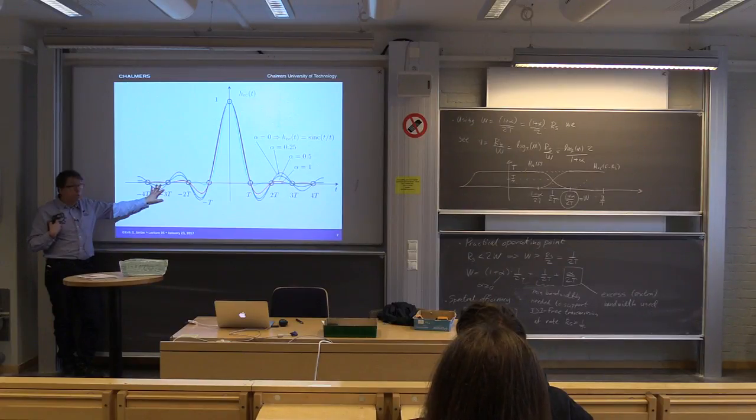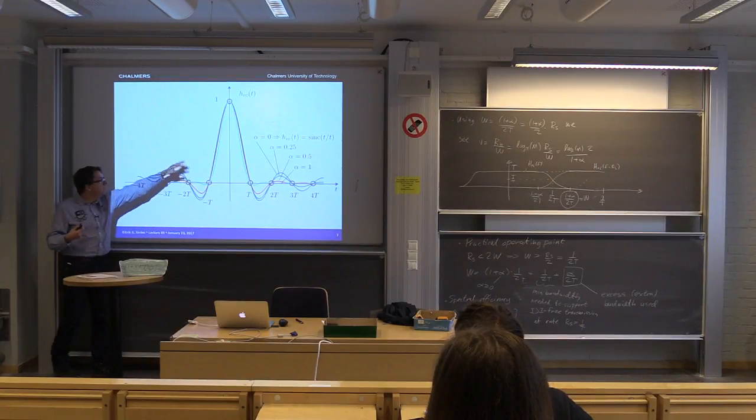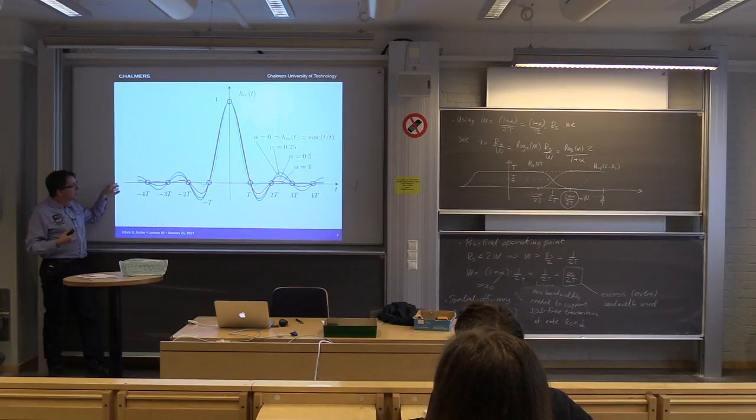So what do we do as engineers? We truncate. But you have to truncate such that the majority of it is not affected. So we truncate when it's small. We see that the blue curve, the sinc pulse, is decaying rather slowly, just as 1/t essentially.